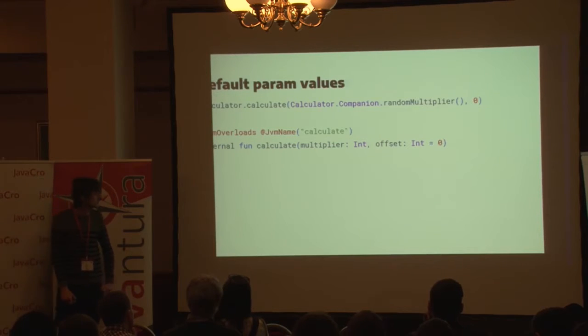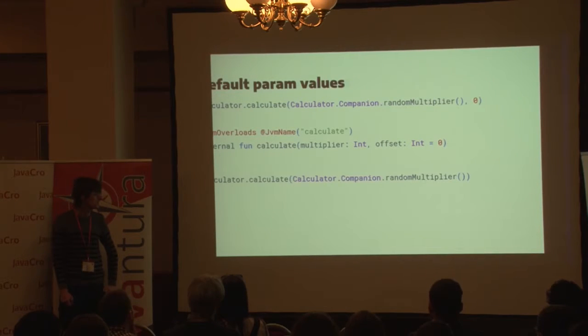You can just say JvmOverloads, and what will happen here is that the compiled Java bytecode will have extra methods that take care of passing in the default parameter. So our new Java code will be able to just leave off the 0 at the end.